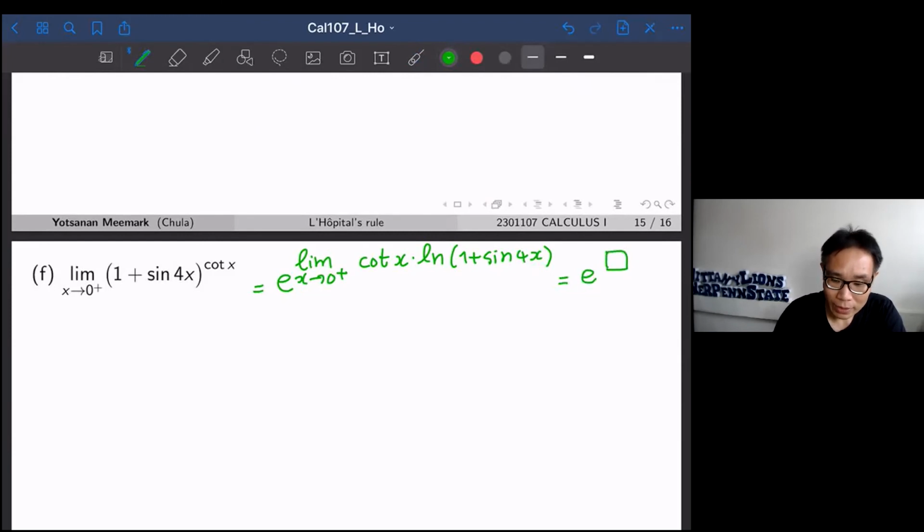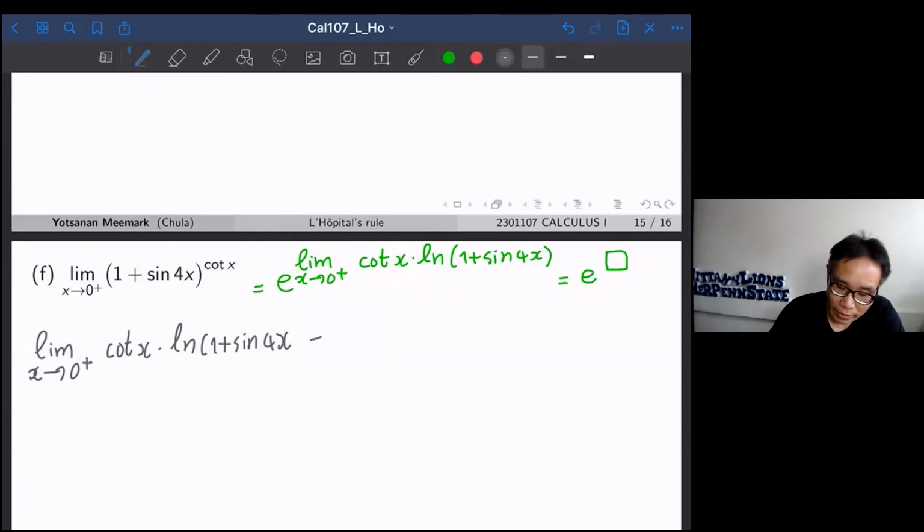This is what you have. Then you're going to compute the limit as x goes to 0 from the right of cot x log(1 plus sine 4x).